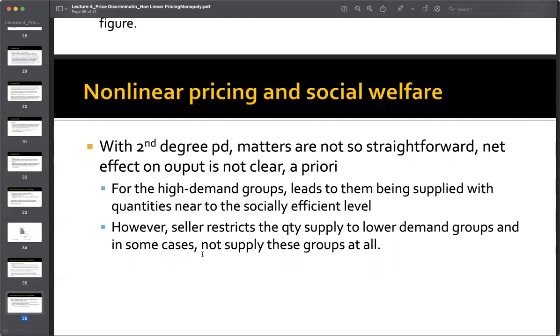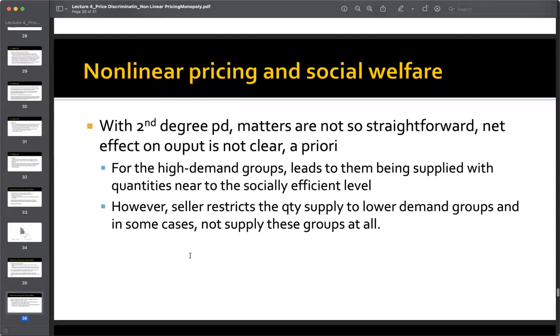Now, for the high demand groups, second degree versus uniform leads them to be supplied with higher quantities. So that's good. If you're a high demand group, you would want second degree price discrimination because that would tend to cater to you and leave you with some money.